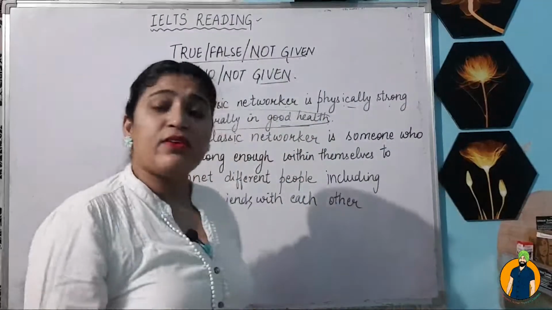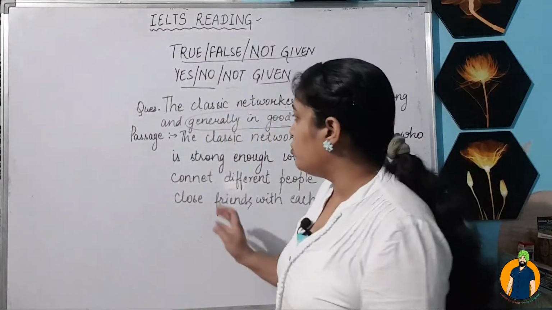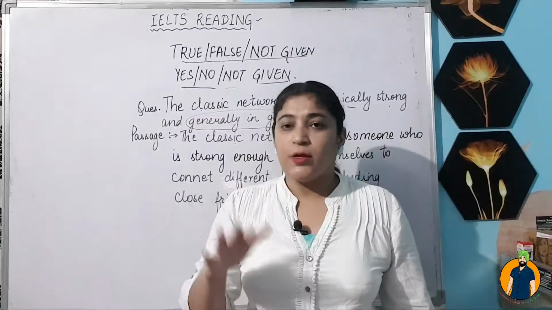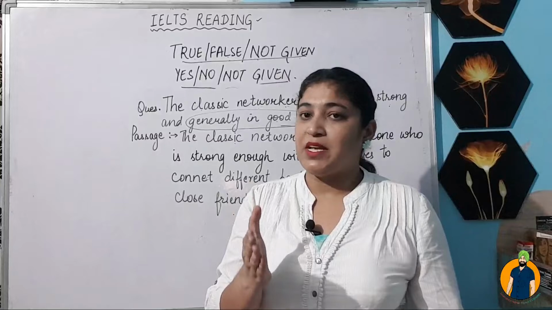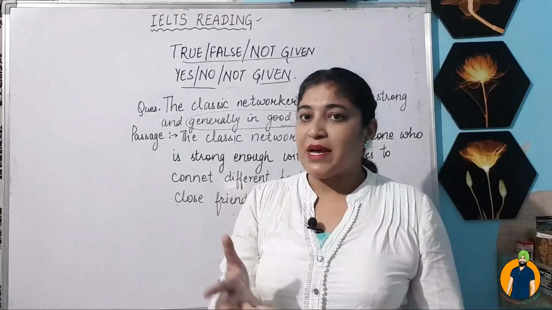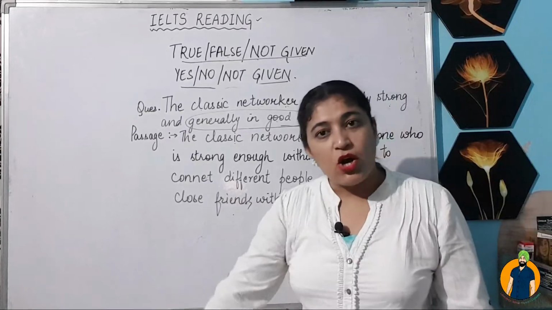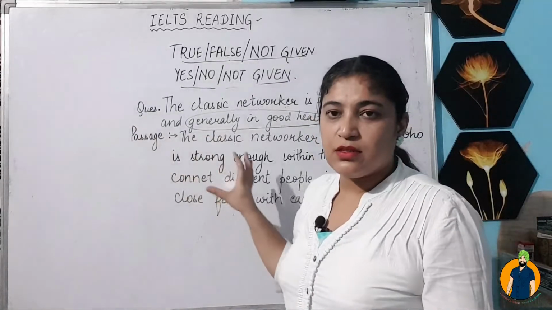So again here is a trap. Some people will write No. Why No? They might say that it is not matching. Some interpret that not matching means No, but not matching means Not Given. Why Not Given? Because 50% of the information is not given in the passage.